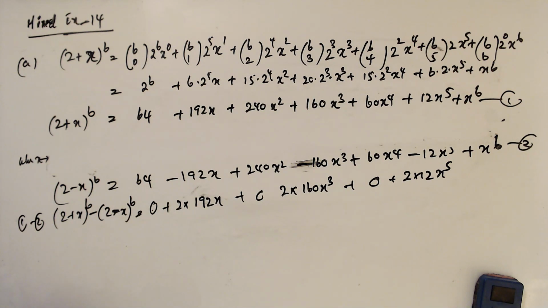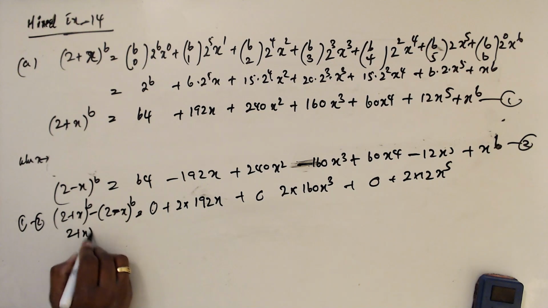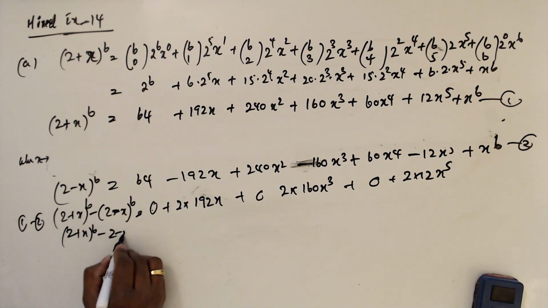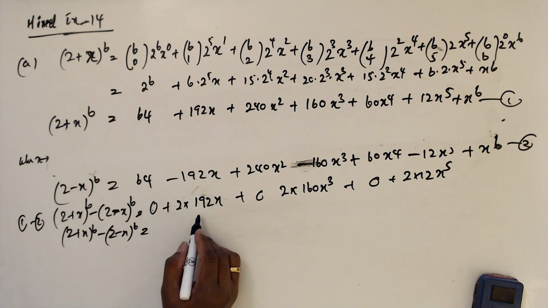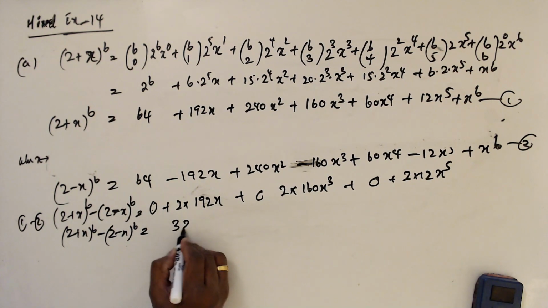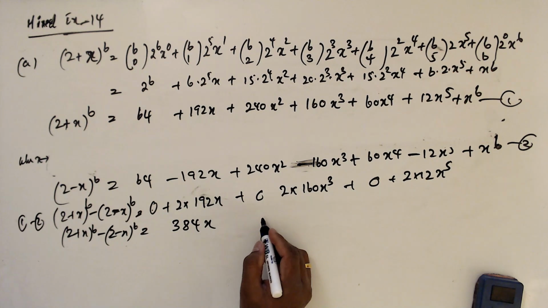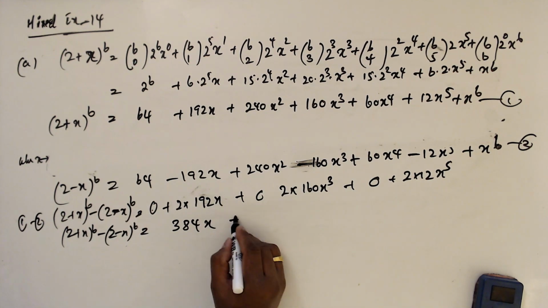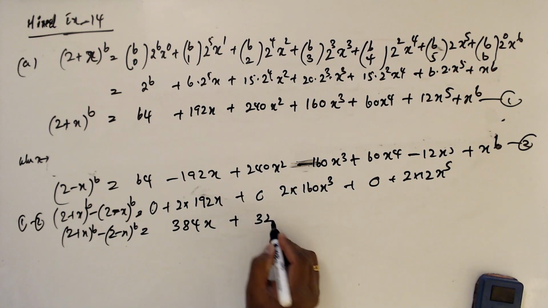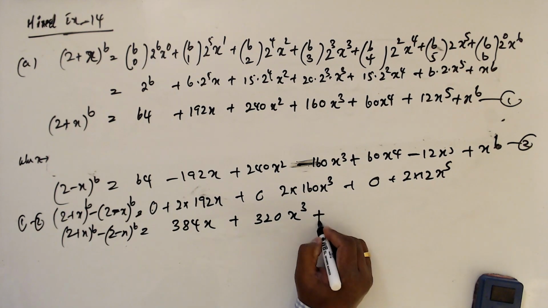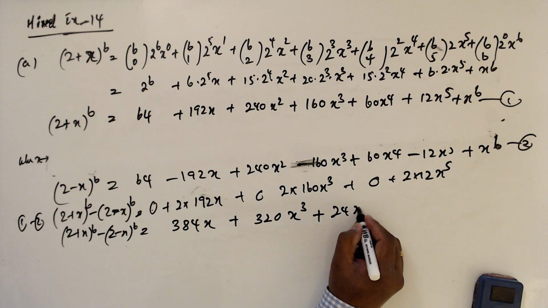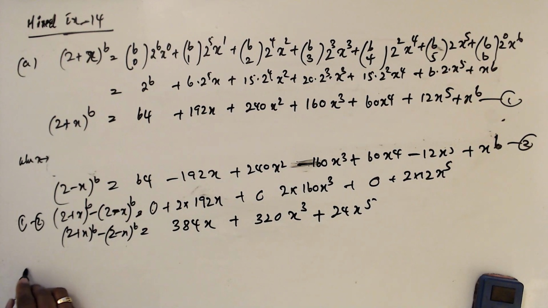Now we are done. (2 + x)^6 minus (2 - x)^6 equals 2 times 192x, 384x, plus 320x cubed, plus 24x^5. Now substitute x equal to square root 3.